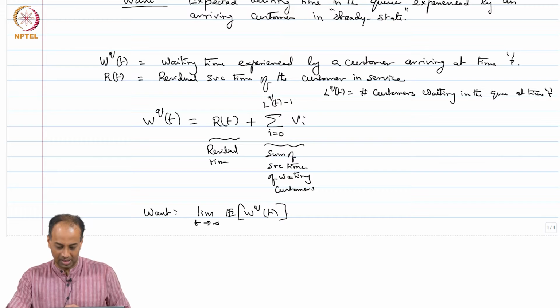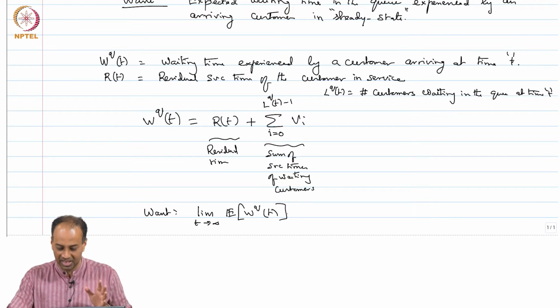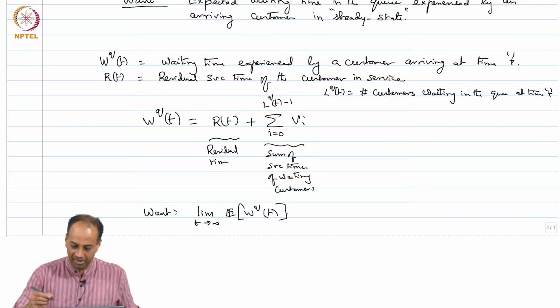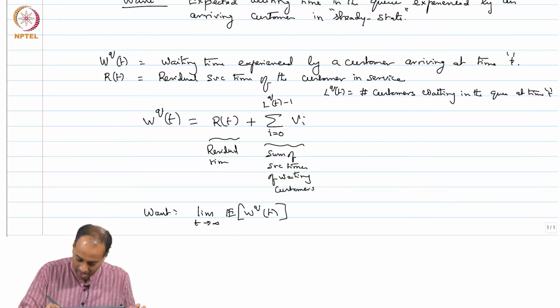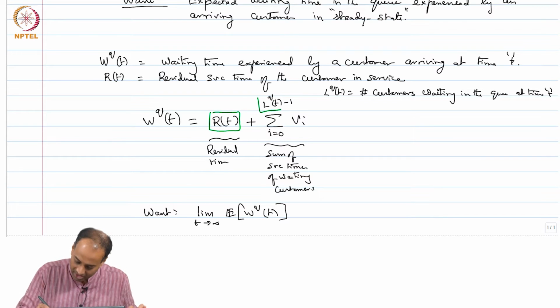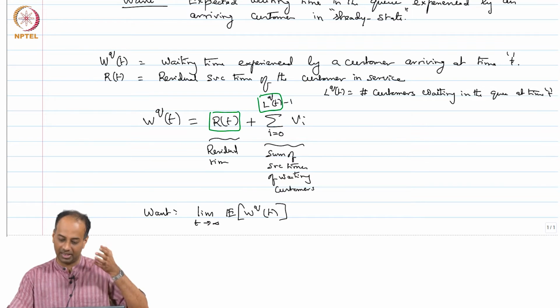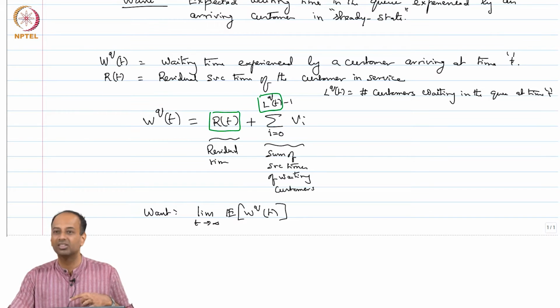But for an M/G/1 queue the arrivals are Poisson. So, what we will see is that these random variables at time t, this R(t) and this L_Q(t), will follow time average statistics, and that is because of the PASTA property.